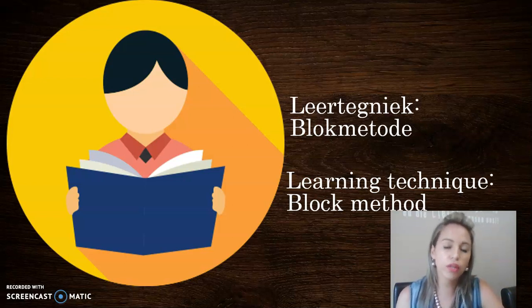As you always know, when you ask your learners to highlight the most important parts in their paragraph or whatever, they just go along and highlight everything, and that is just of no use. So what the block method teaches them is how to identify the most important parts and draw a block around them. Okay, so I'm going to give you an example now.